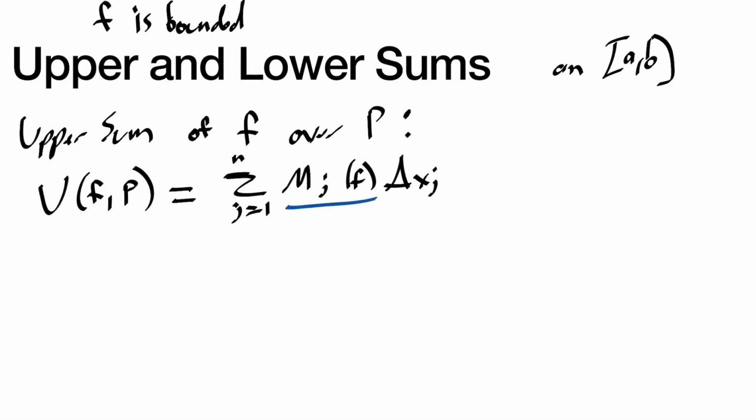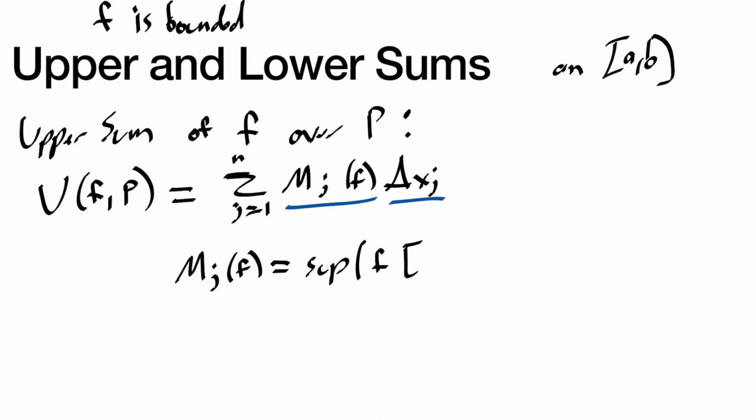Okay, I added some new letters in here, so we should ask, what are they? You should probably be asking, what is this Mj and what is this delta xj? Well, Mj is the sup of f. The book likes to think of them as functions of the function, which I guess is not the worst way to think about them.